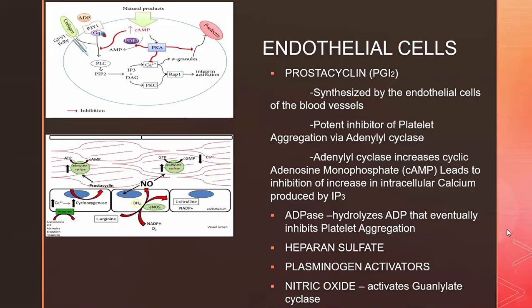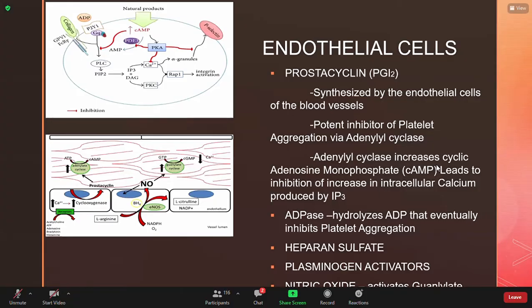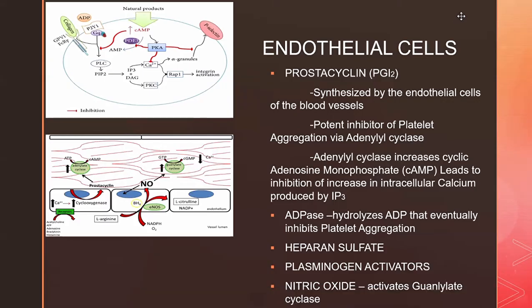Now, it takes two to tango. Na-discuss na natin yung platelet part. Pag-usapan natin yung the other half, the endothelial cells. Yung endothelial cells mo naman, siya yung partner mo na laging ayaw ng ayaw.